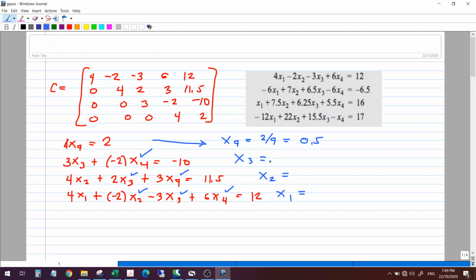Okay, which is x sub 3 is actually -3. X sub 2 is actually 4, and x sub 1 is 2.